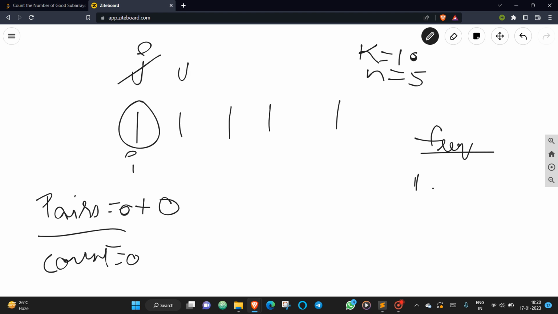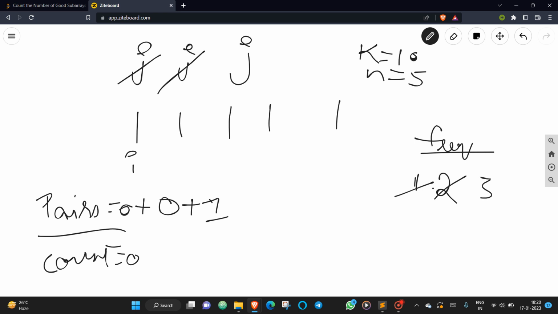Now you increment your j and increment your frequency to 2, and now how many pairs is this one making? That is 1, that is nothing but frequency minus 1. That is plus 1, right? Now you again increment your iterator to the next point. Now your frequency will become 3. And now how many pairs is this one making? This one is making two pairs with the previous elements.